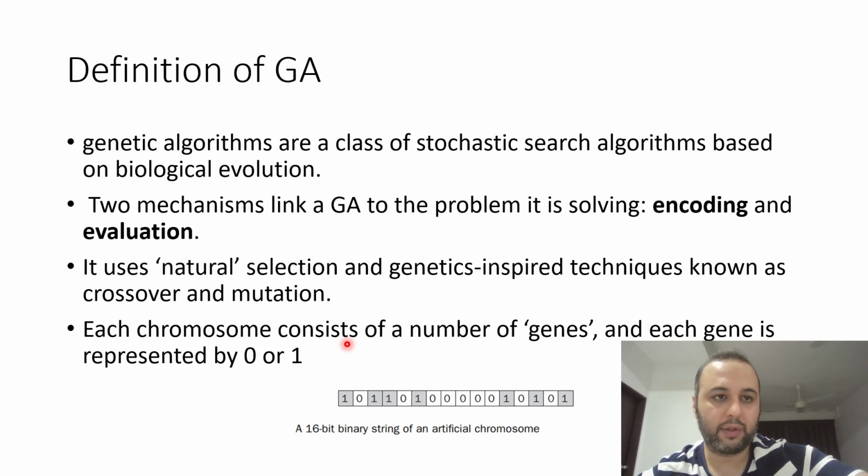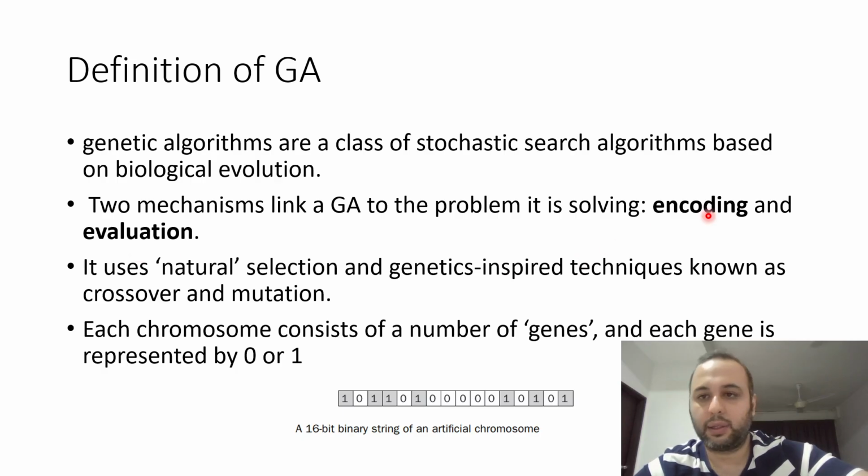Okay, the definition of GA. GA algorithms are a class of stochastic search algorithms based on biological evolution, based on the evolution theory. So two mechanisms in GA: we have evolution, encoding, and evaluation.